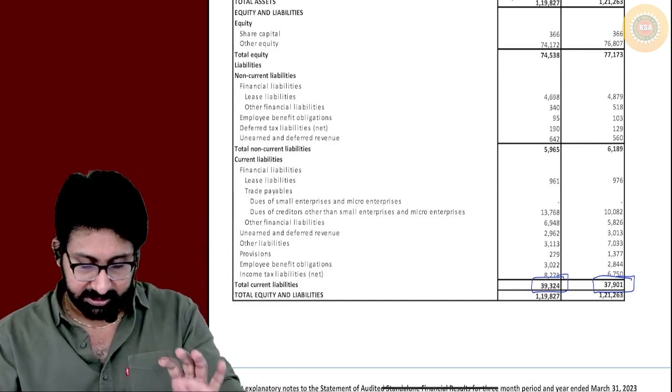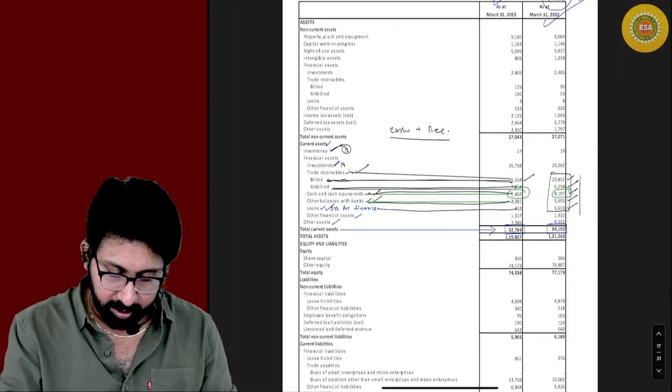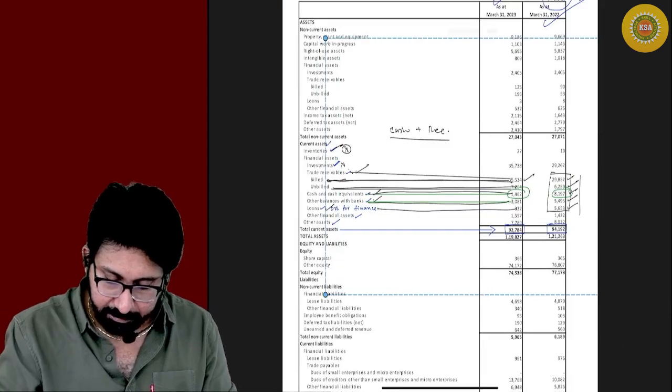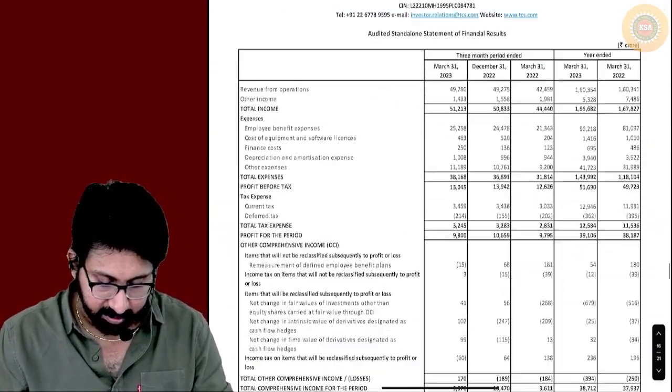First, for that we should go to the P&L or balance sheet. I will show you these numbers. Technically, try to make a good analysis. See here.